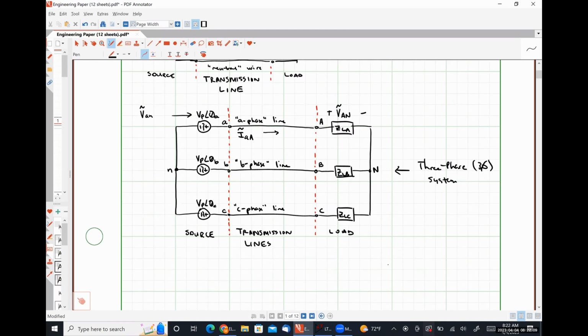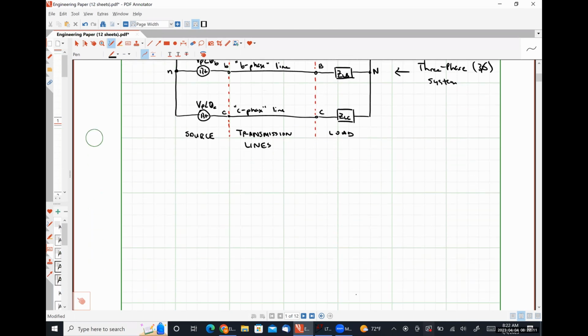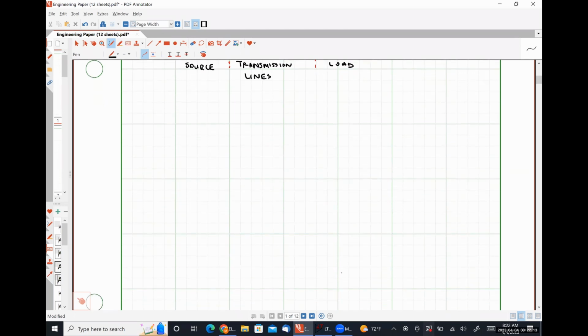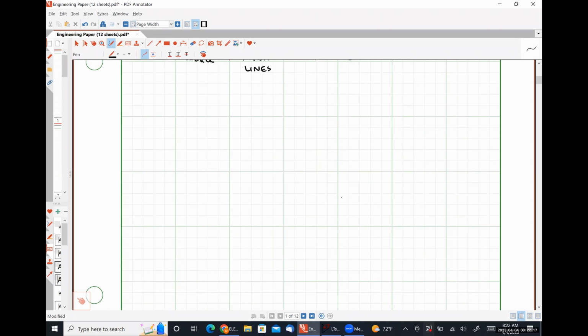All right. So the next thing that I want to talk about is three-phase voltage generation. You're going to have to bear with me and my inability to draw a pretty picture. I'll try to make this as clear as I possibly can.